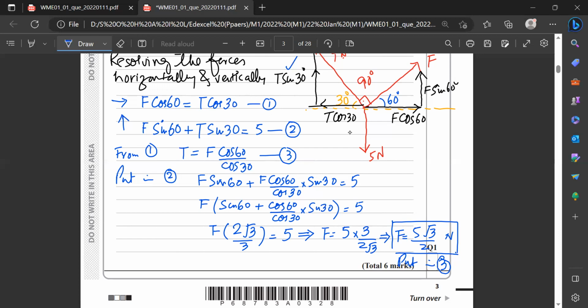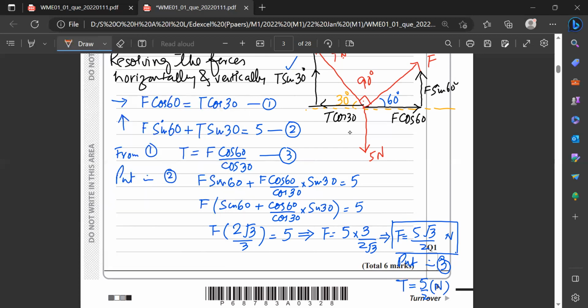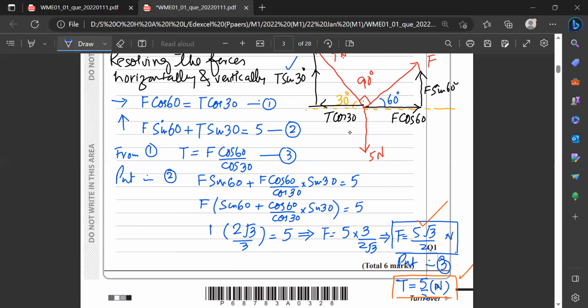This answer is coming as T is equal to 5 over 2 newtons, same as before. So this is the math. There are 3 methods for solving this question. Thank you very much.